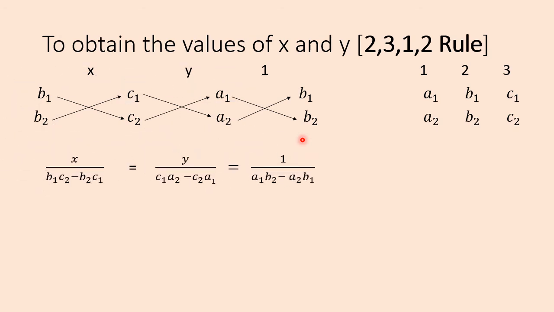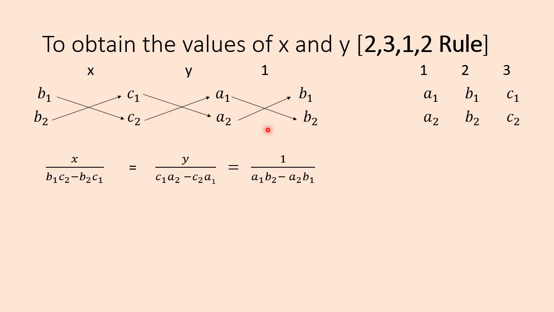That is x upon b1 c2 minus b2 c1 equal to y upon c1 a2 minus c2 a1 equal to 1 upon a1 b2 minus a2 b1.